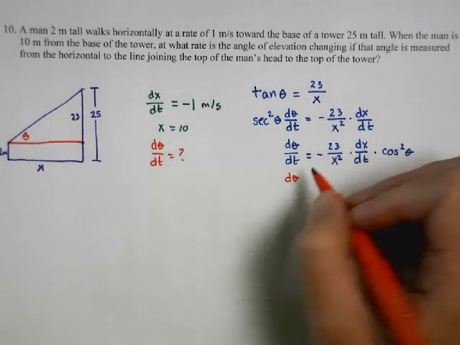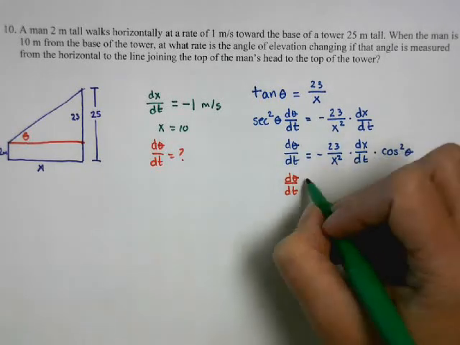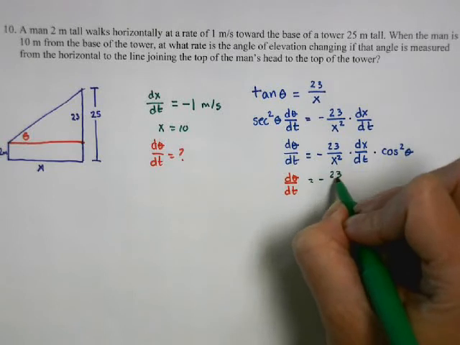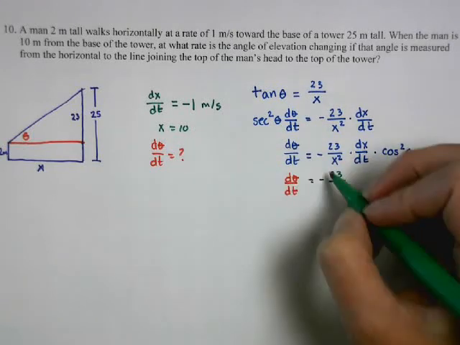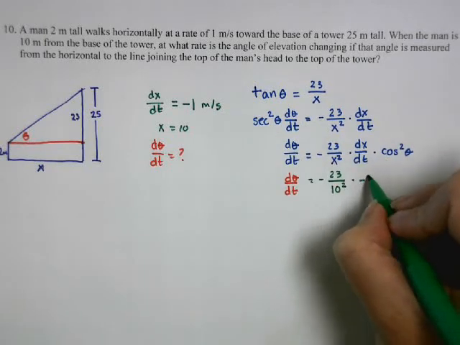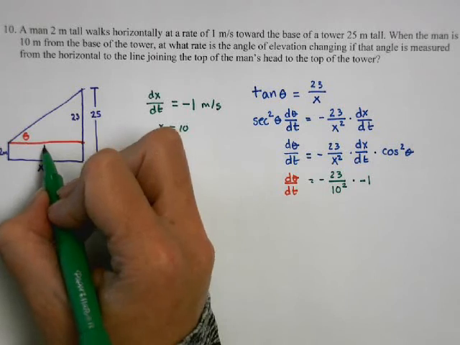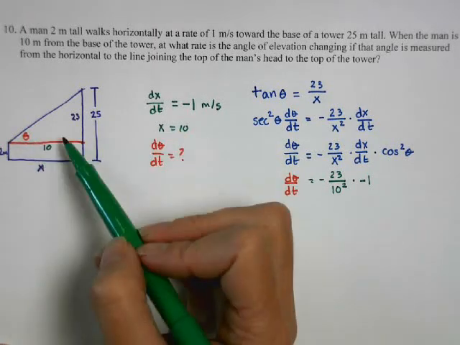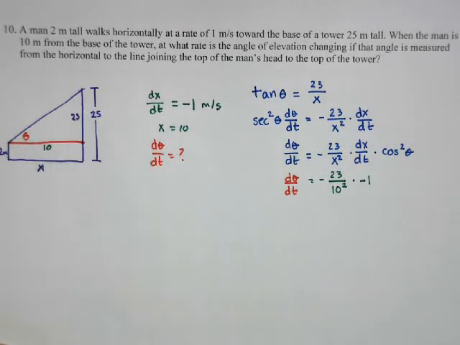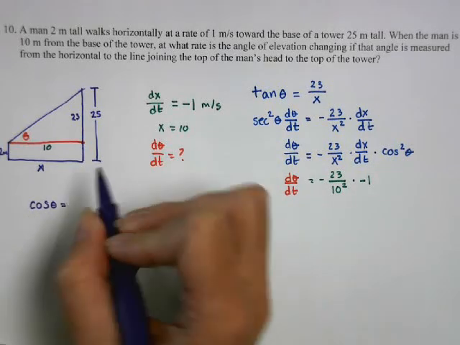So we have -23 over x, which we're given is 10. dx/dt is -1. Cosine squared theta. So we're going to go back to the triangle. So when this is 10, this is 23. Cosine of theta obviously is adjacent over hypotenuse.